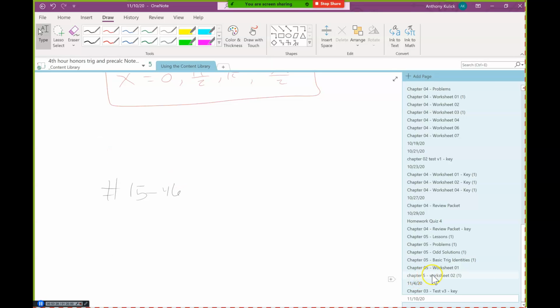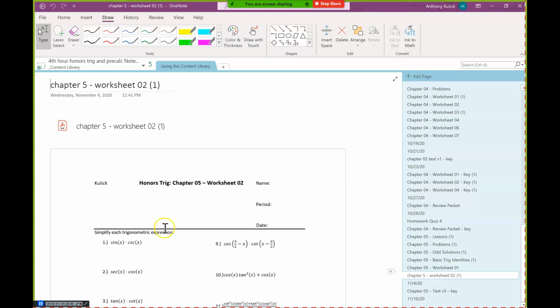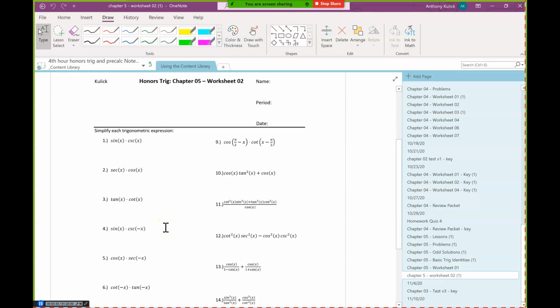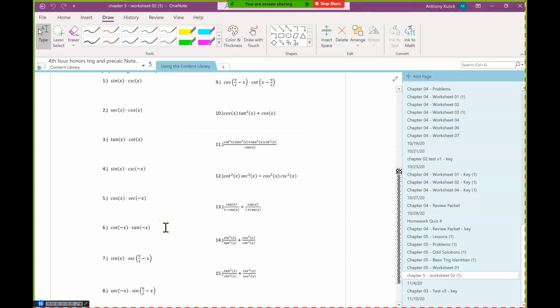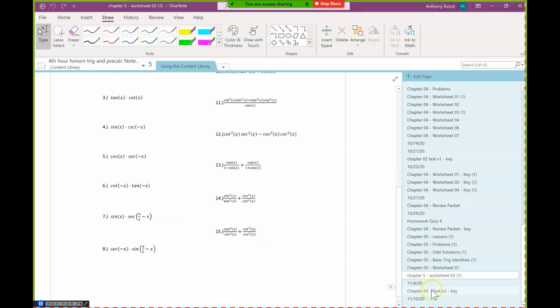I would also say you should start looking at worksheet 2, where we have some more simplifying trig identities practice.